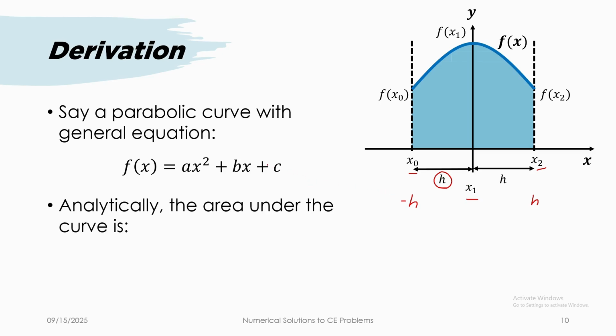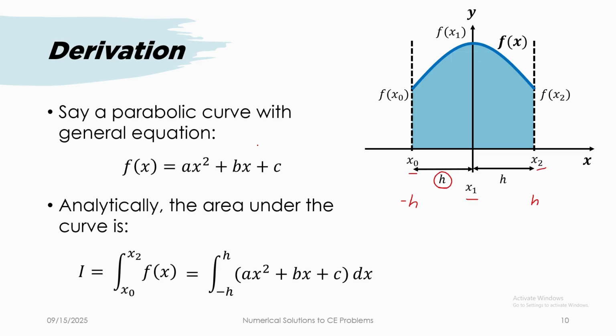Analytically, the area under the curve is denoted as the integral of f of x from x sub 0 to x sub 2. Since x sub 0 and x sub 2 are end nodes, they are also our limits of integration.